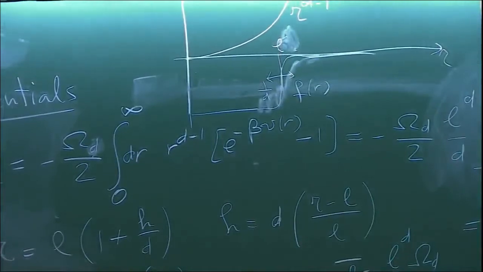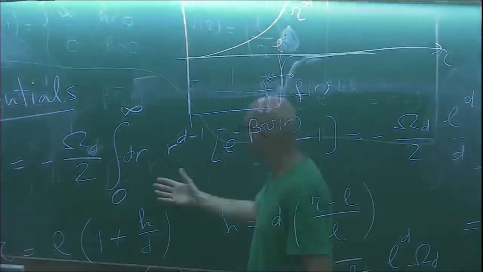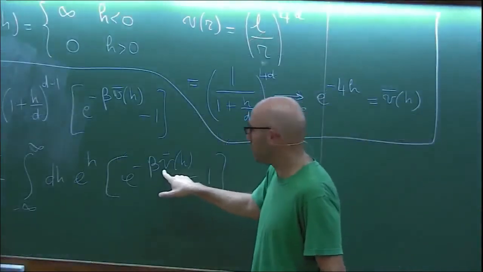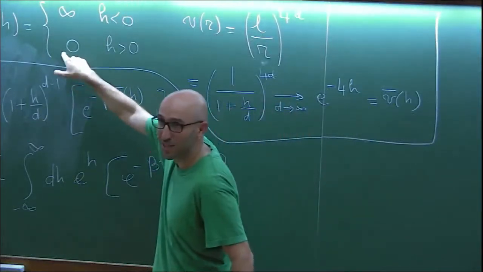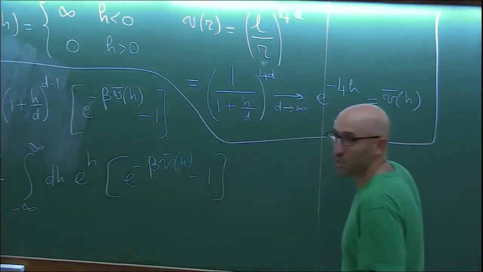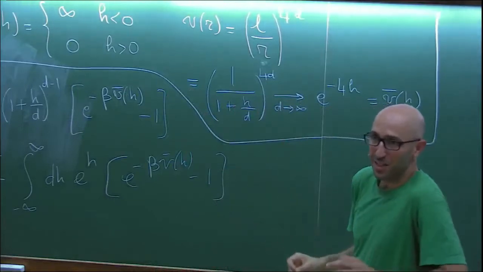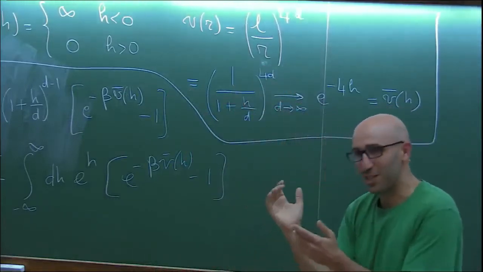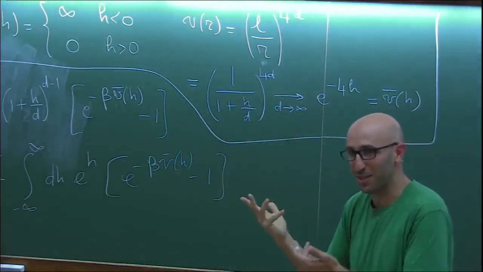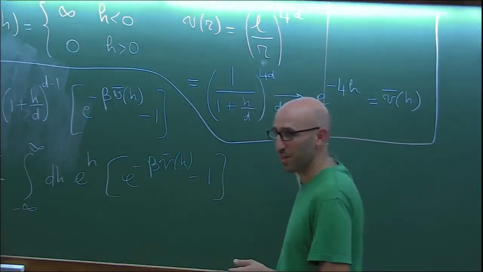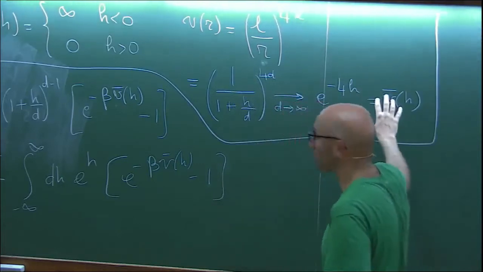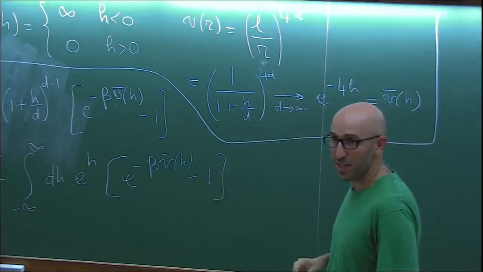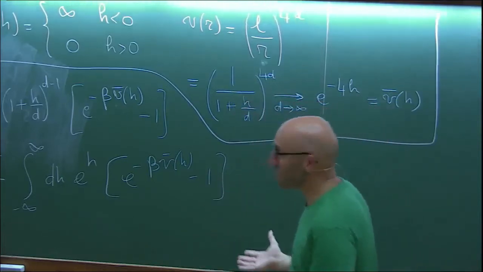So in the end, the second virial will be some function of phi bar. If you put in the hard sphere potential, you get something; if you put in this potential, you get something else. In this limit it looks like all the potentials become hard sphere potentials, but that is not true. You can obtain different thermodynamics if you choose this one. Okay, so now we have the thermodynamics.